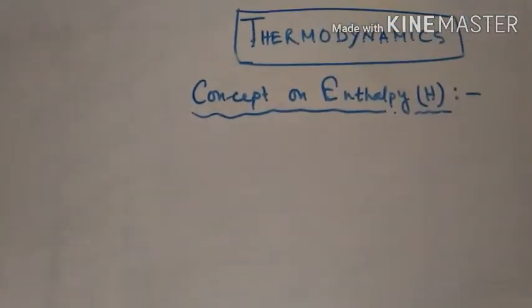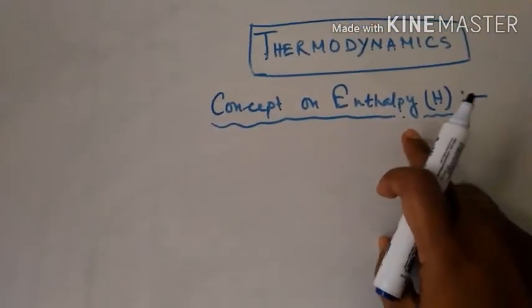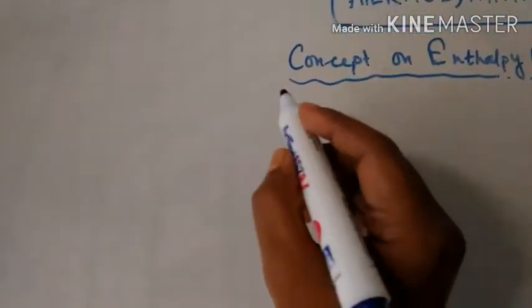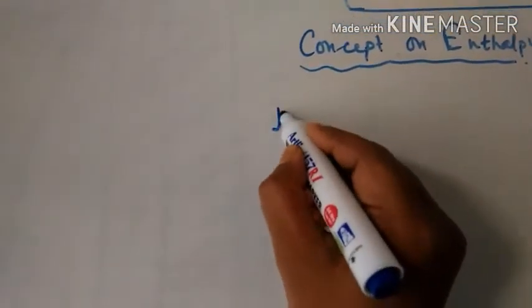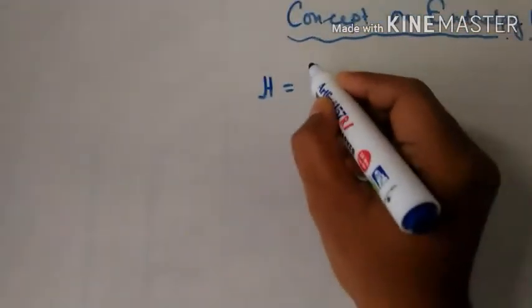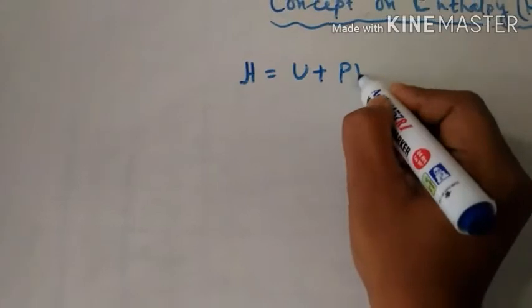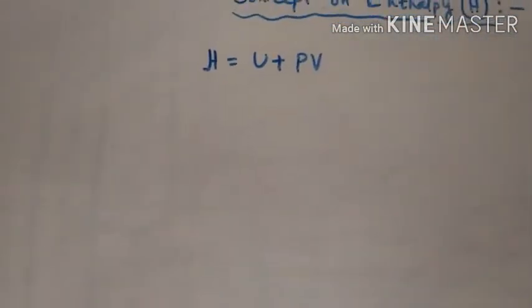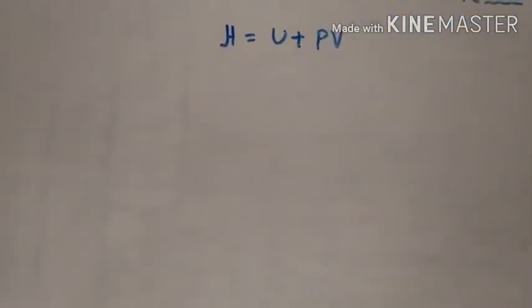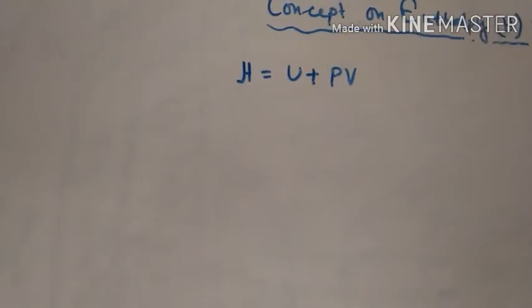We write enthalpy as H, and enthalpy is defined as the total heat content of the system at constant pressure. So H equals U plus PV, and here is the mathematical description.